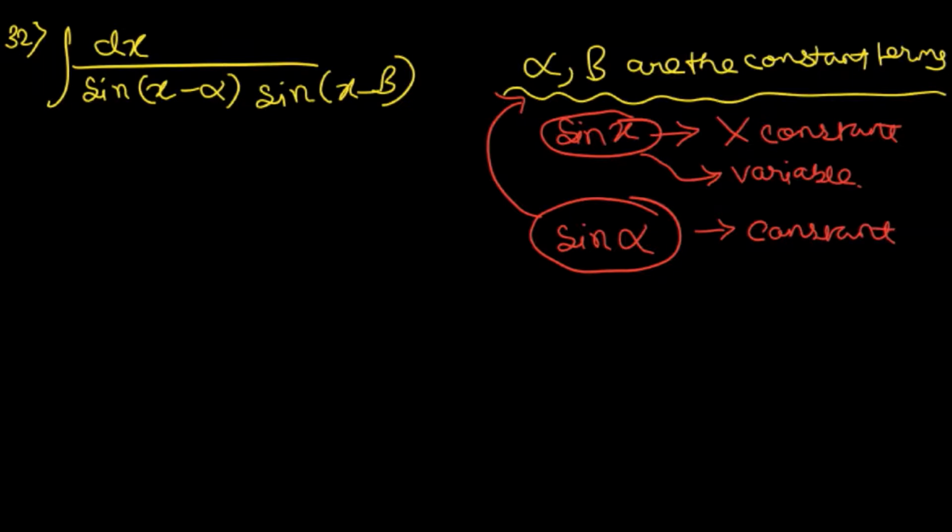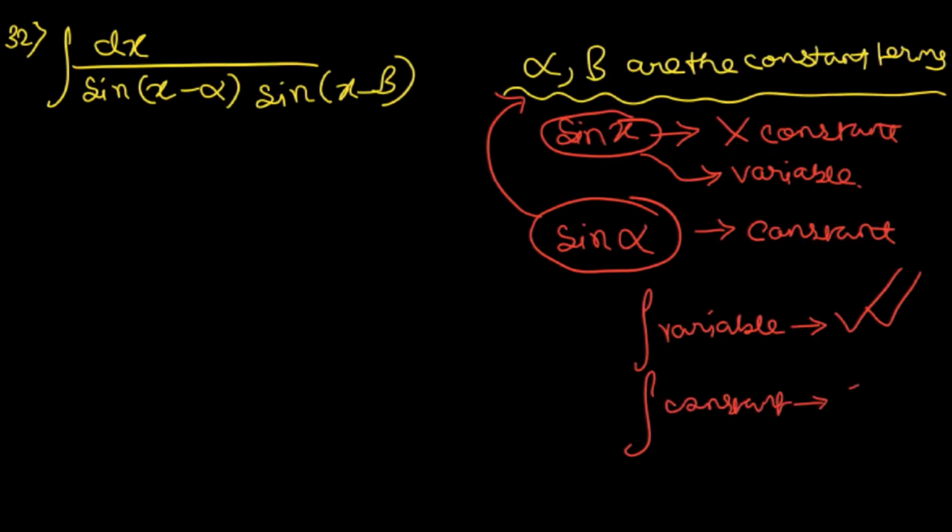What we already know is that integration of a variable is feasible. Integration of a constant is not possible, because the constant comes out, and a dx term will be there, or dv, whatever variable you take in the question.